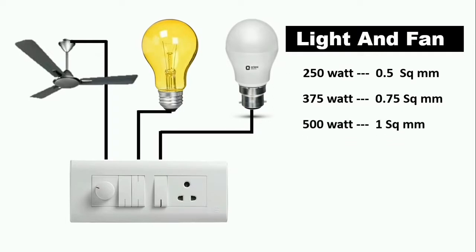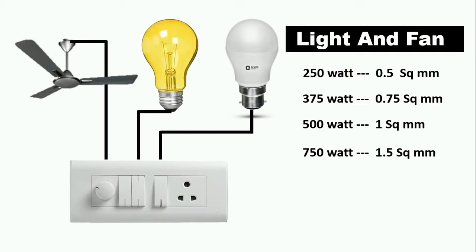If you have a power of about 250 watts, you expect to use 0.5 millimeter copper cable. It then varies continuously depending on the power rating. So the power rating determines what diameter of cable you use for your installation.